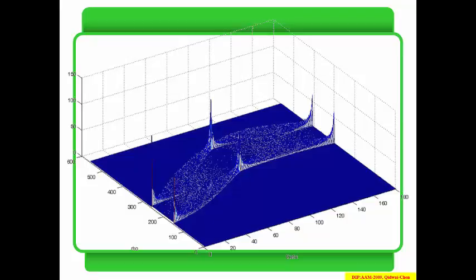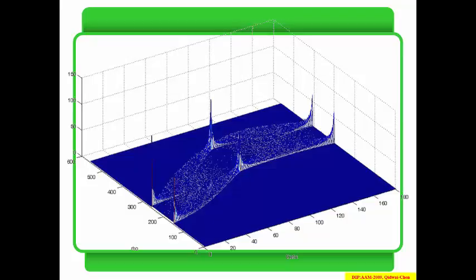Okay? So here, if we finish drawing and making the transformation, I can draw the result of the transform in a three-dimensional plot like this one, using either the mesh function or the surf function in MATLAB.